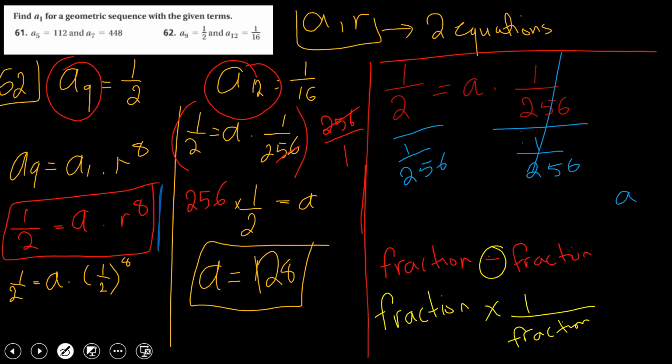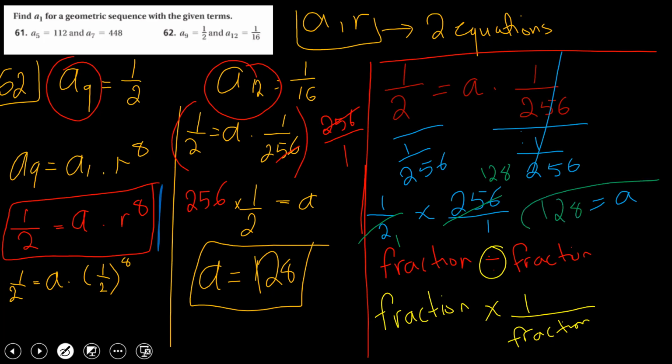So a now is, keep the first fraction as it is, multiply by the reciprocal of 1 over 256, which will be 256 over 1. Then by multiplying or simplifying them, you can say that the value of a is 128.